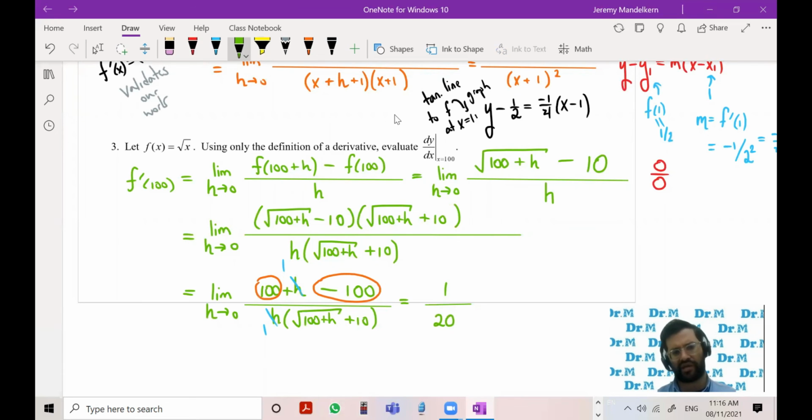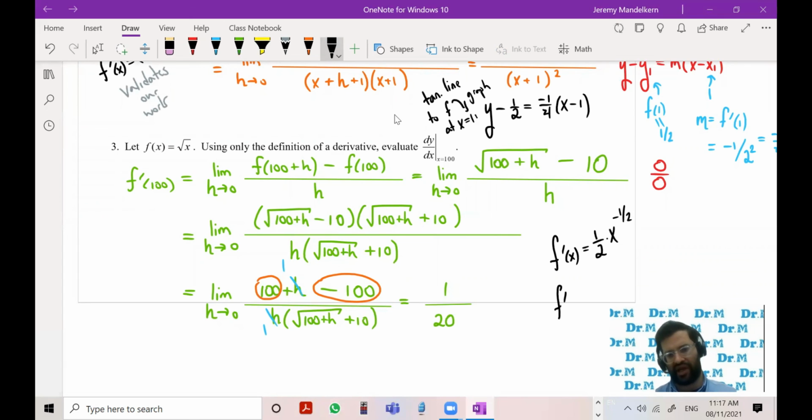We should check the work here using an independent method. Using the power rule, f prime of x, the derivative, is going to be 1/2 times x to the minus 1/2.